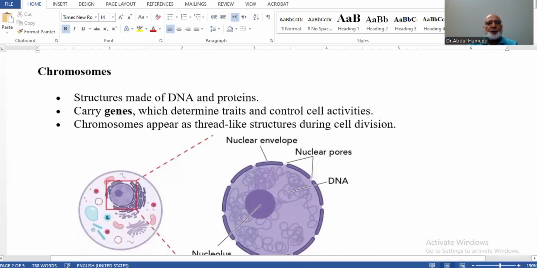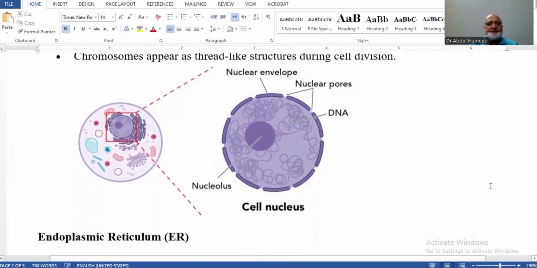Chromosomes. The condensed form of chromatin material will form chromosomes. A structure made of DNA and proteins carries genes which determine traits and control cell activities. Chromosomes appear as thread-like structures during cell division, whether it is mitosis or meiosis.